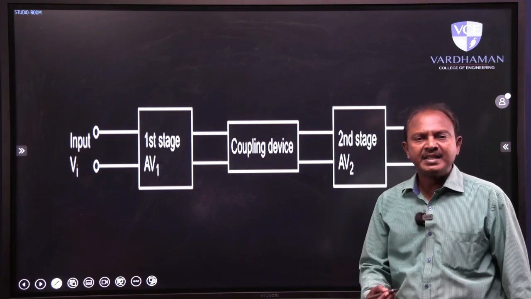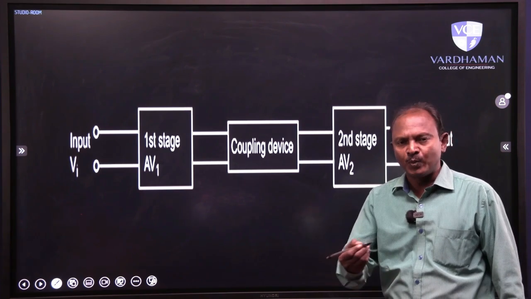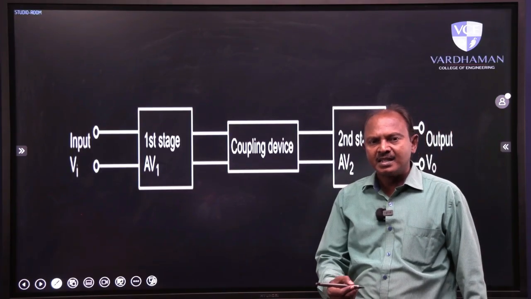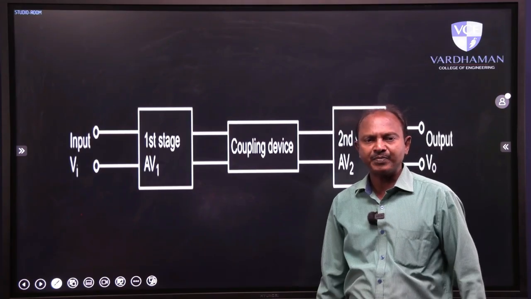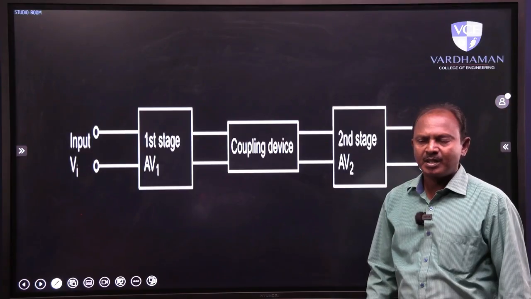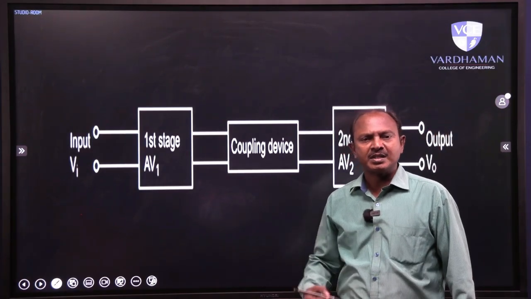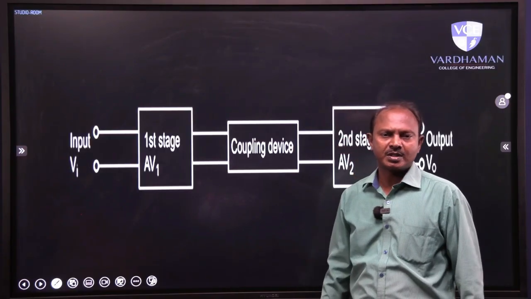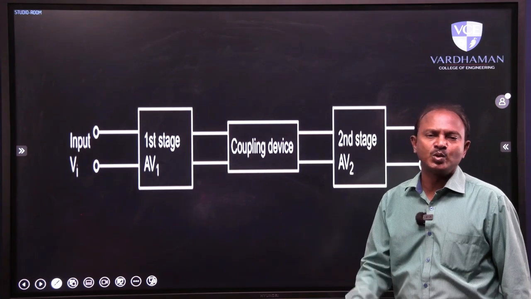They can amplify signals right from millivolts and above. But unfortunately, when the signals arrive from natural sources, they are very weak in amplitude, maybe in the range of microvolts. For those signals to be amplified, single stage amplifiers are not suited.